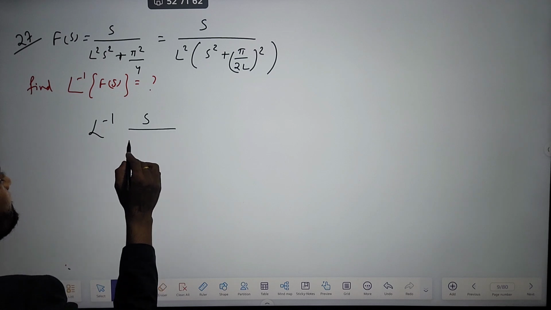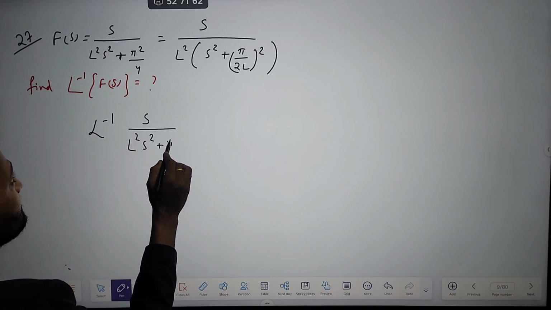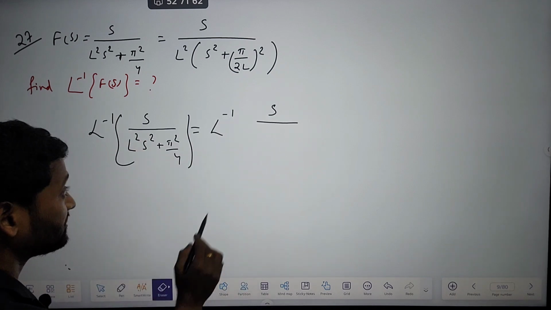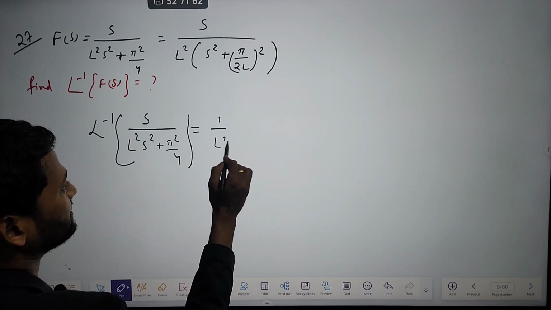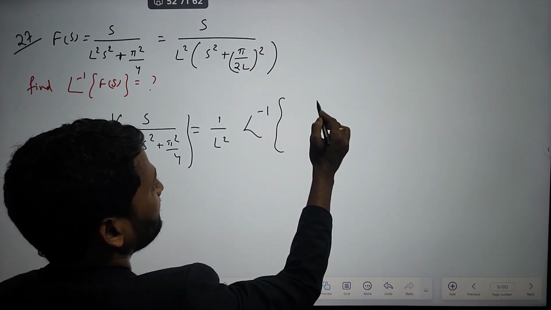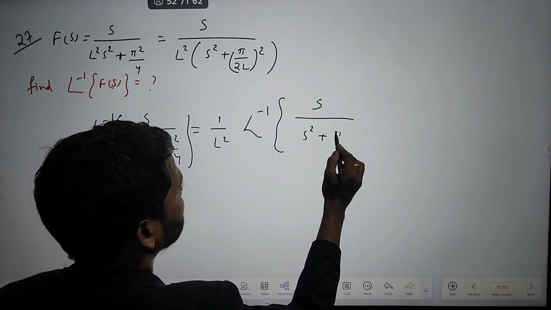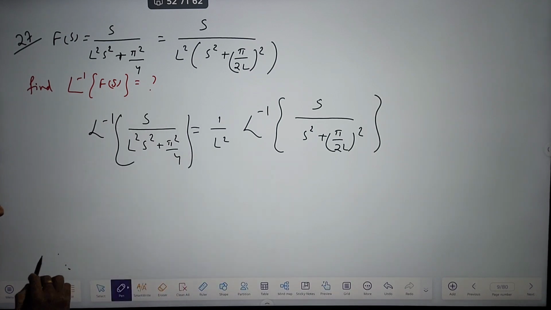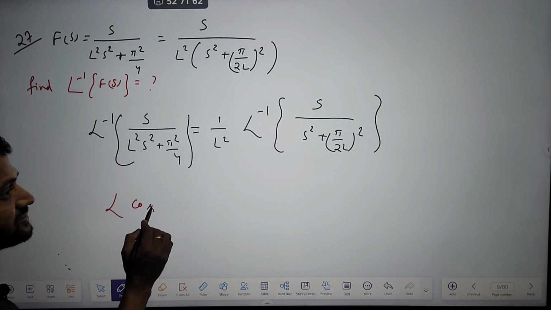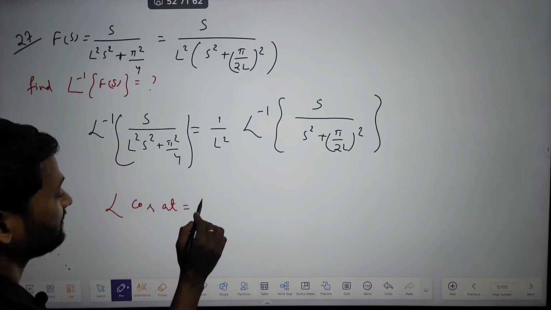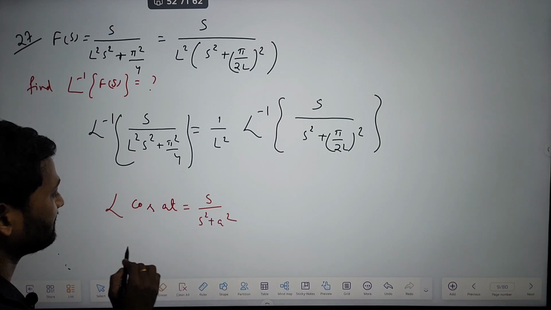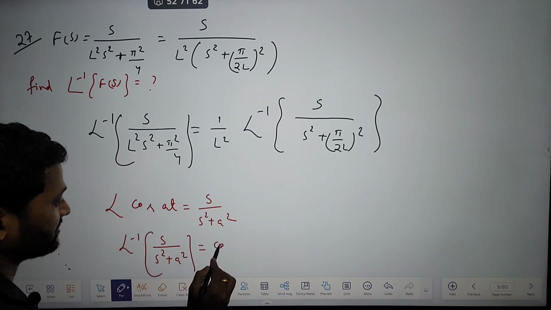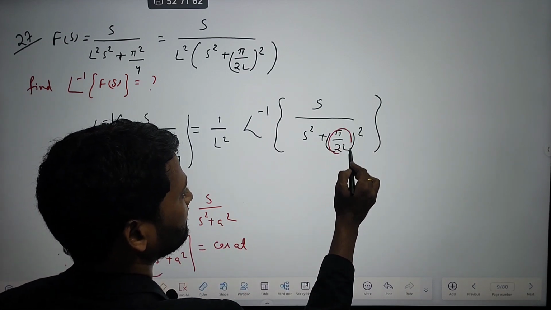Laplace inverse of s by (l square plus pi square by 4), meaning Laplace inverse of s by... see, this part 1/l² is a constant, so we need the Laplace inverse of s by s square plus (pi by 2l) square. And you know the formula of Laplace of cos at is s by s square plus a square. So the Laplace inverse of s by s square plus a square will be cos of at. Here a is pi by 2l.